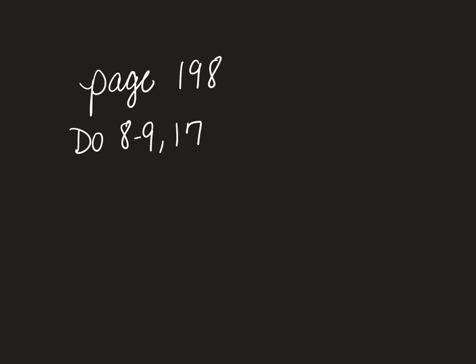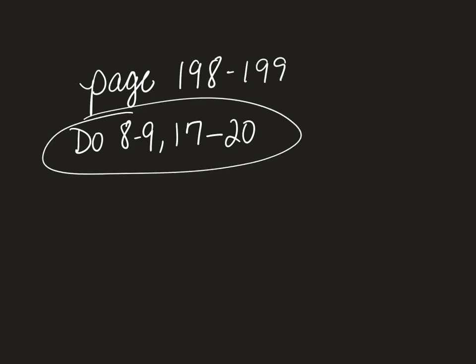Page 198, you are going to do 8 and 9. Then you're going to do 17 through 20, which is pages 198 and 199. You'll have 6 problems to do.